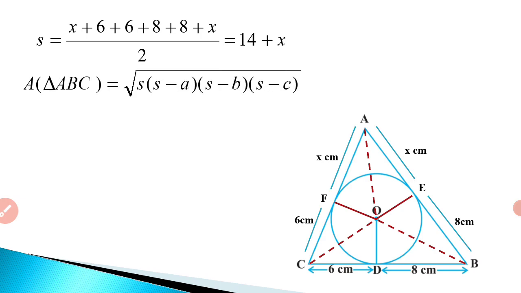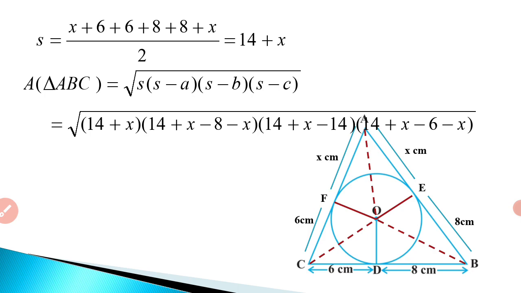The formula for area of triangle ABC is square root of S, S minus A, S minus B, S minus C. Let us substitute all the values. When I solve it further, I get square root of 48x into 14 plus x.